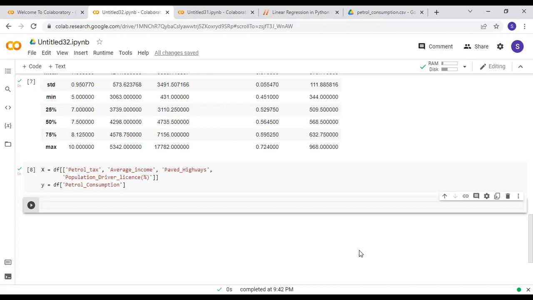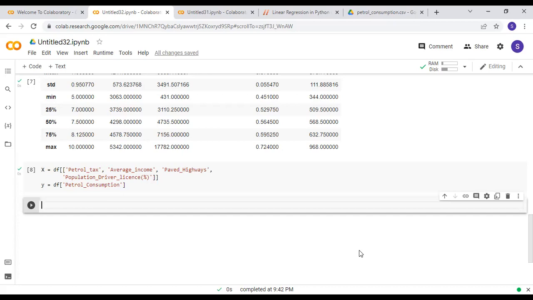Now I split this total data set into the sets for building the model as well as testing the model, that is the training set and the test set, with my test set being 30% and the rest, 70%, being my training set.